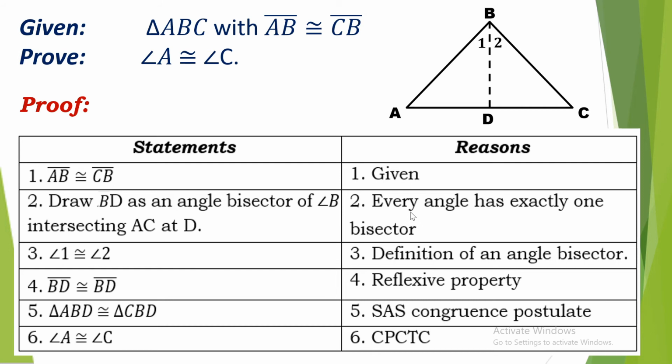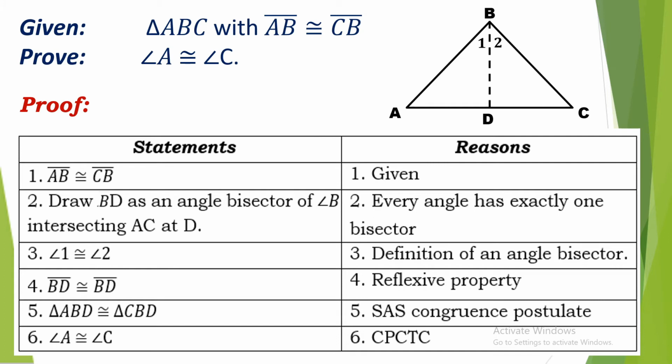Now since this line BD is an angle bisector, then based from its definition, which is it divides an angle into two congruent parts, then we can now say that angle 1 is congruent to angle 2.